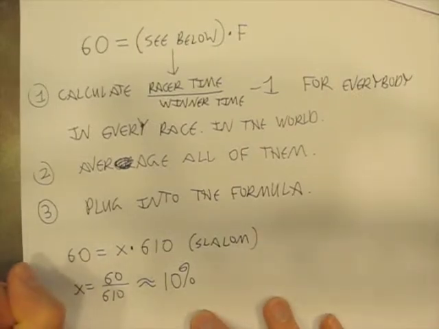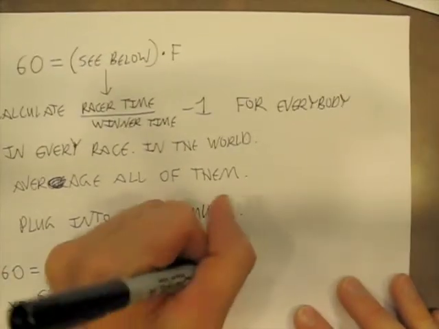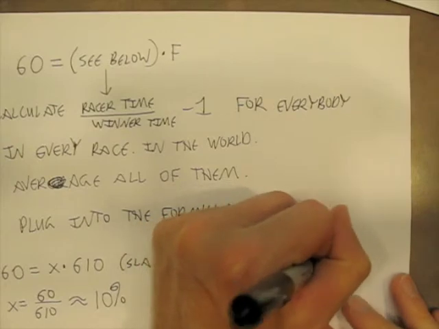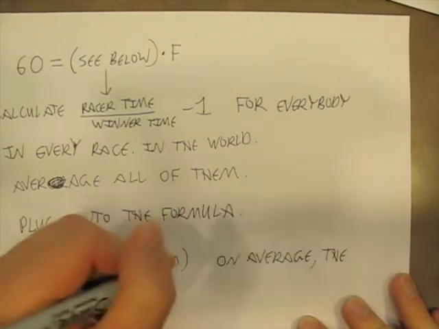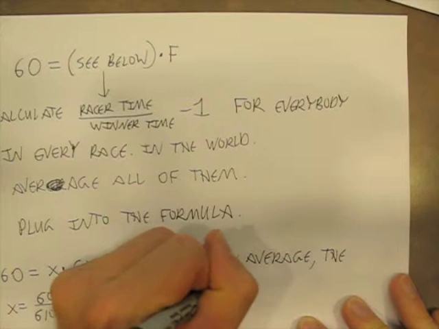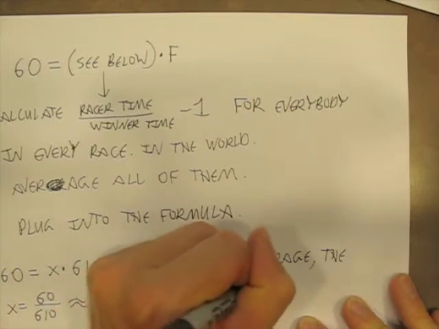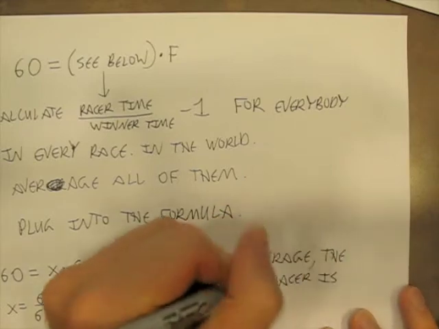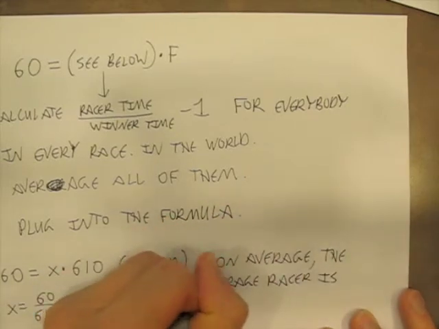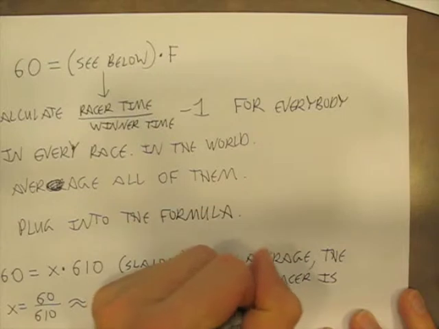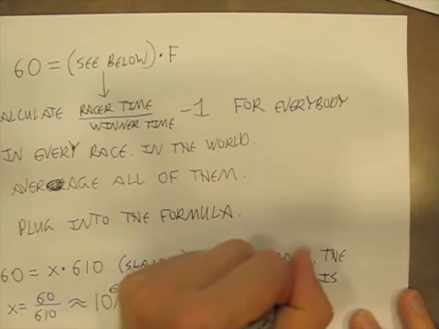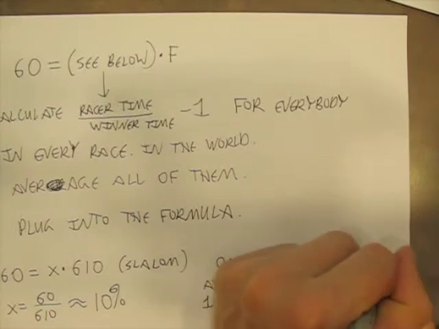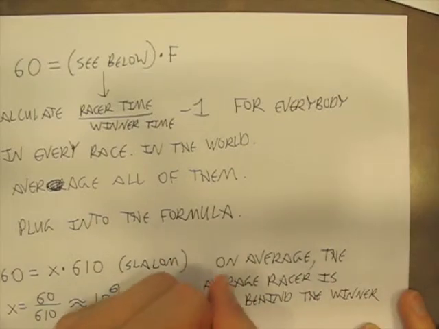So on average, the average racer is 10% behind the winner in slalom.